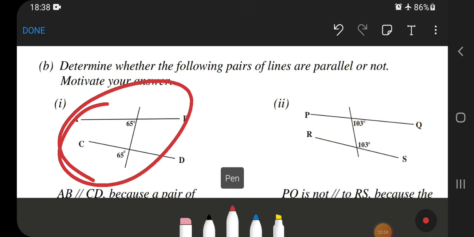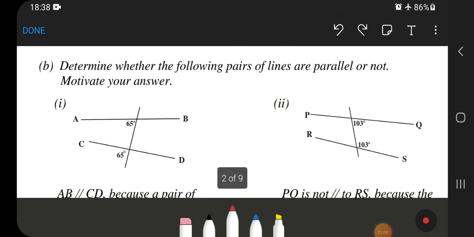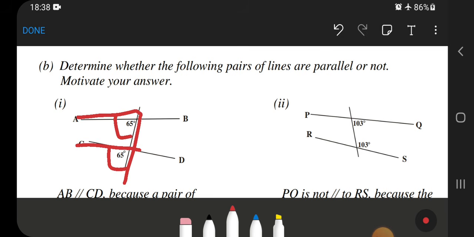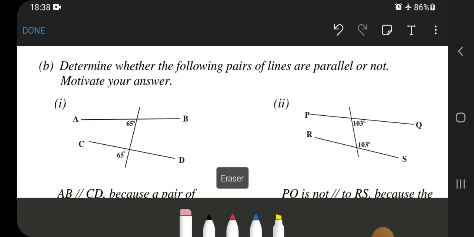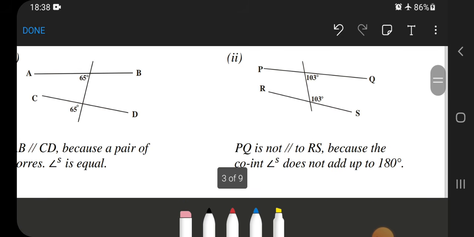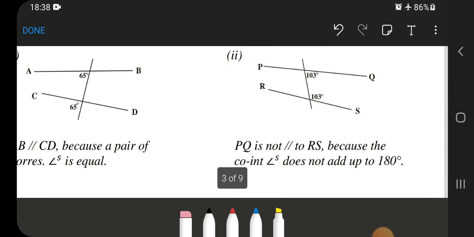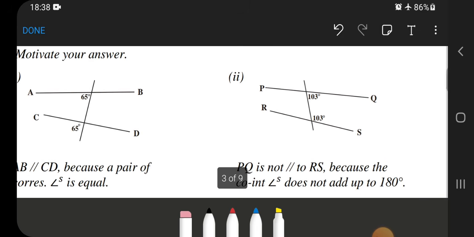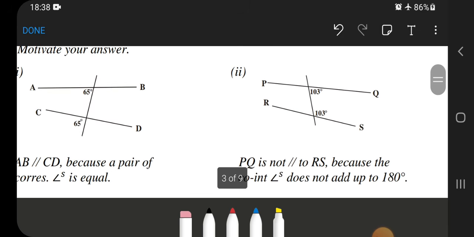So here we have to prove if these lines are parallel. Of course, they are parallel because we have that F effect. So we can say that they are parallel. And then here we have to prove if these ones are parallel. 103 plus 103, does it give us 180?